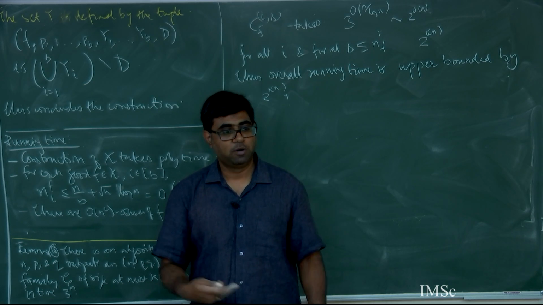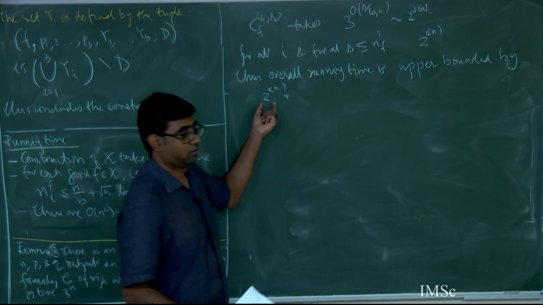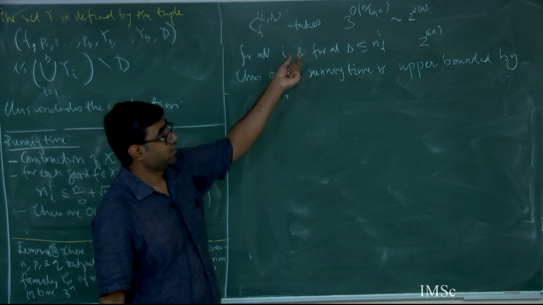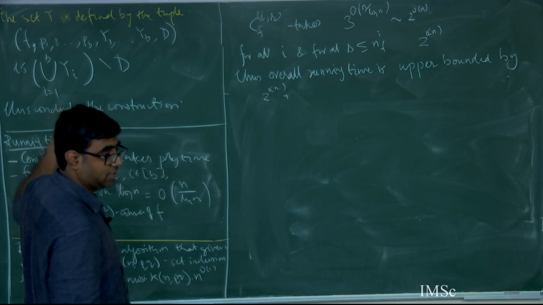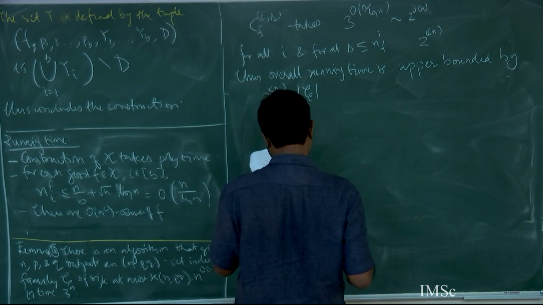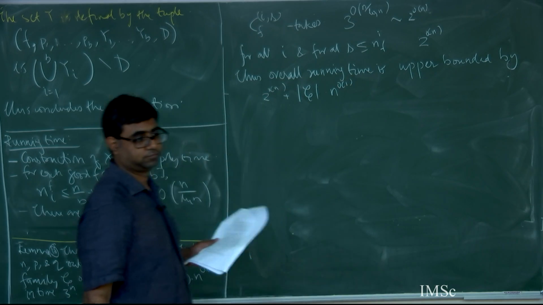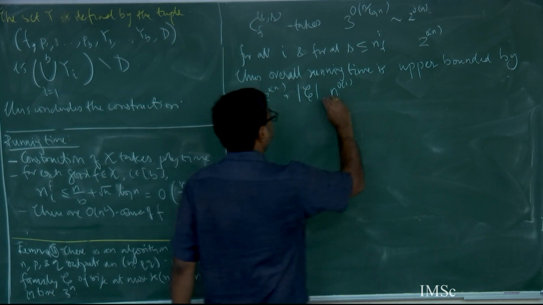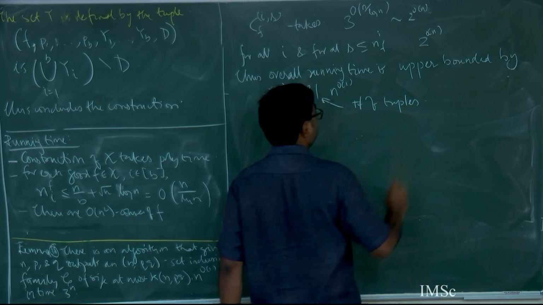So once I have done the preprocessing in 2 power little o of n time by getting my f's ready and my C_i,S ready, all I need to construct your family C is time proportional to the number of tuples.